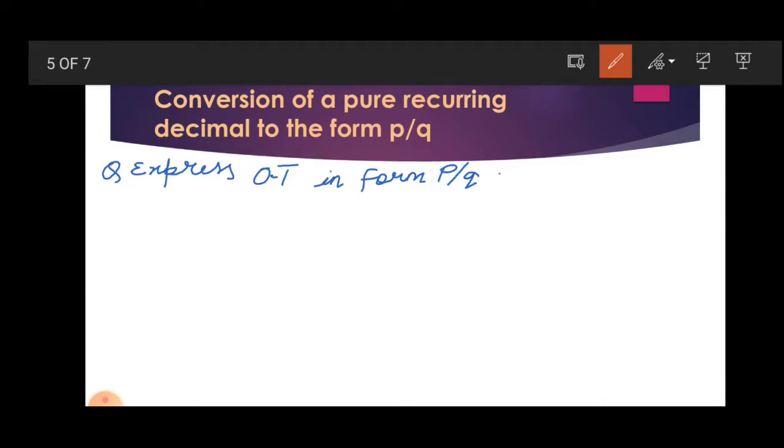So let's take x is equal to 0.1 bar, which implies x is equal to 0.1111. It's repeating. Now here we have one repeating digit after the decimal point, so multiply this equation 1 by 10.